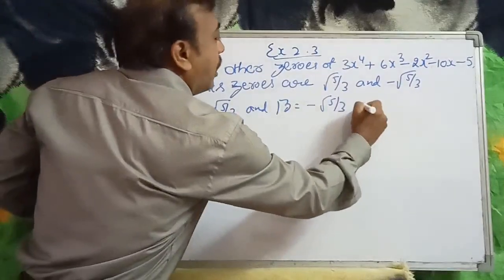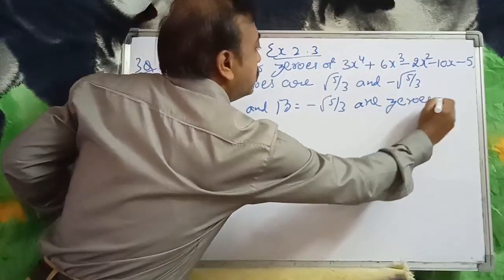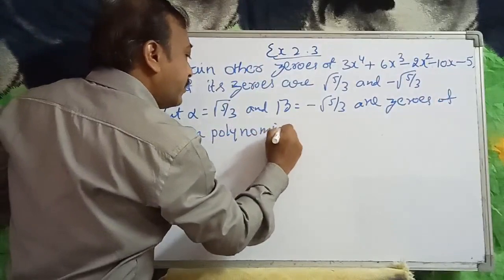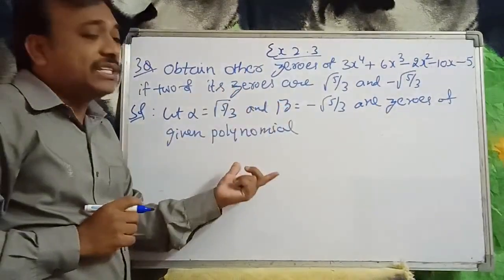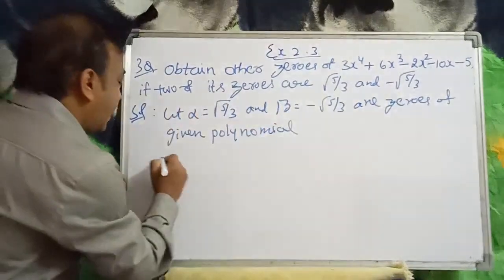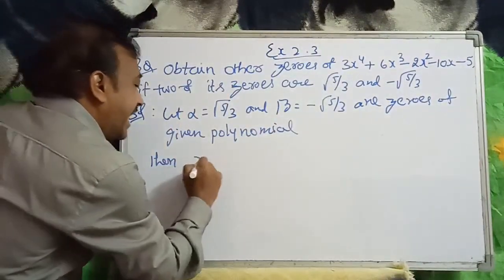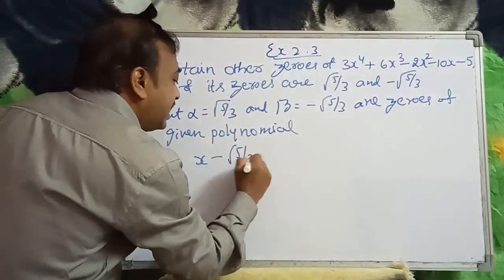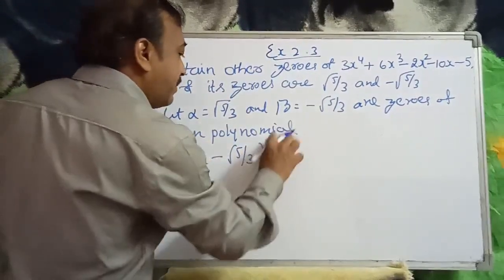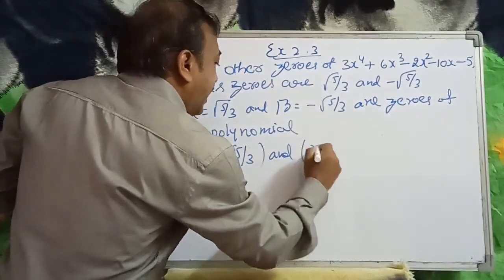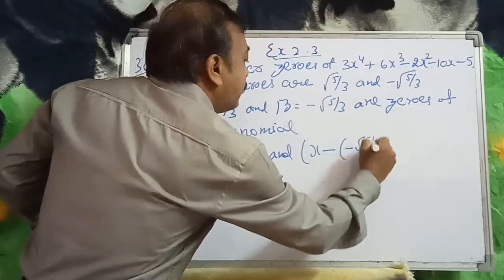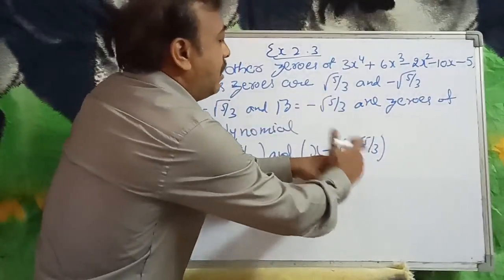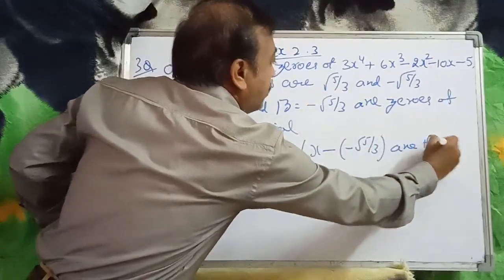If these are the zeros of the given polynomial, then x minus alpha, that is x minus root 5 by 3, and x minus beta, that is x minus of minus root 5 by 3, are the factors.